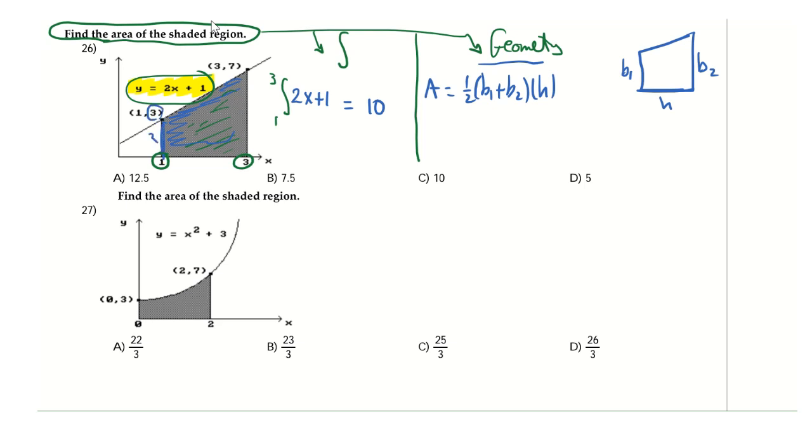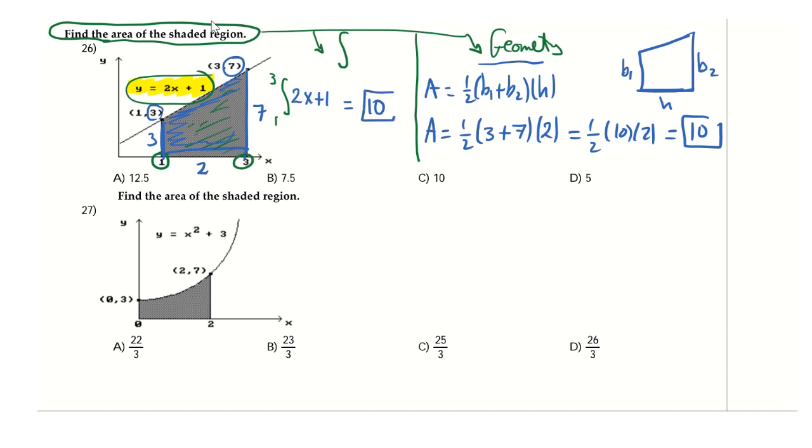This height is 3, the y coordinate, and this height is 7, the y coordinate, and the distance between 1 to 3 is equal to 2. So I can say that the area is half, base 1 which is 3, base 2 which is 7, multiply the height between them. So it's half multiplied by 10 multiplied by 2, which is equal to 10.